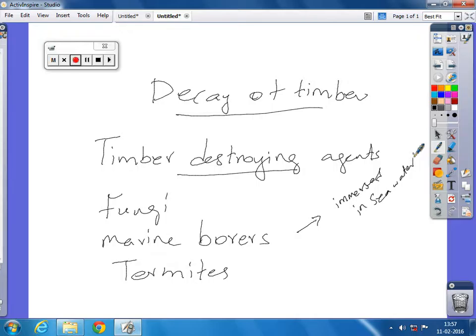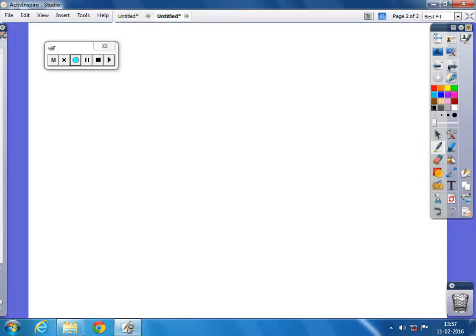What do you mean by rot? Rot. Chandani, rot. Decomposition due to what?